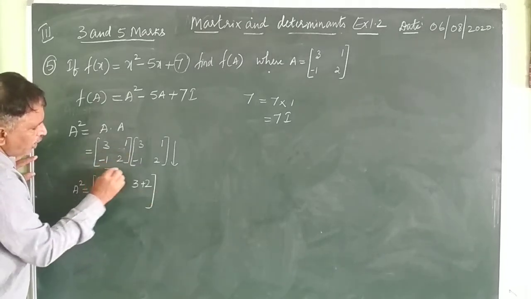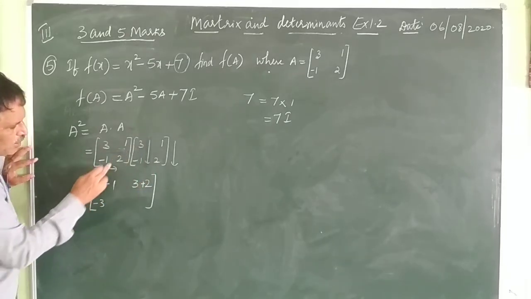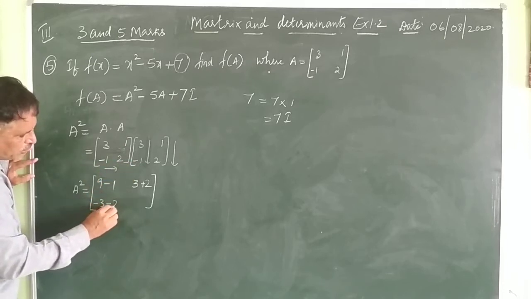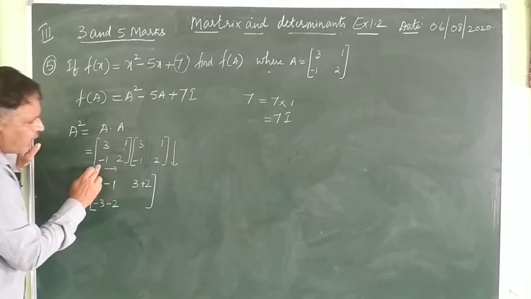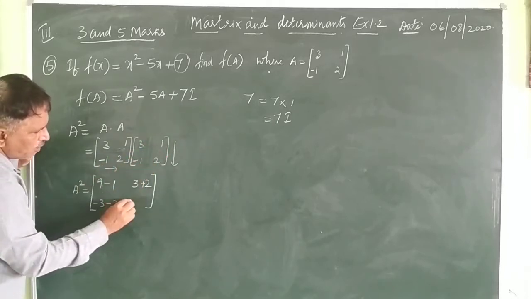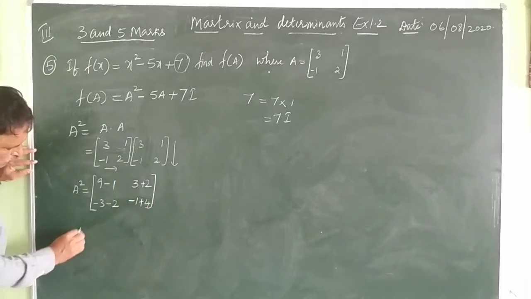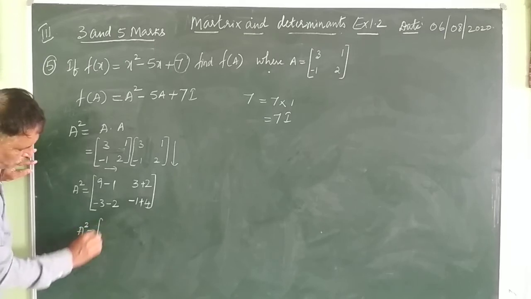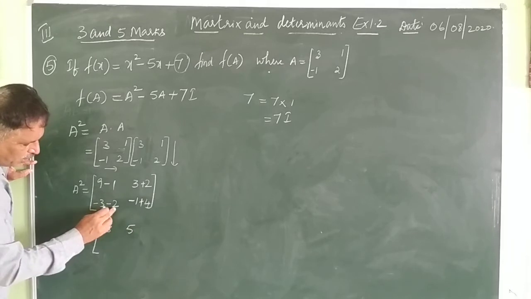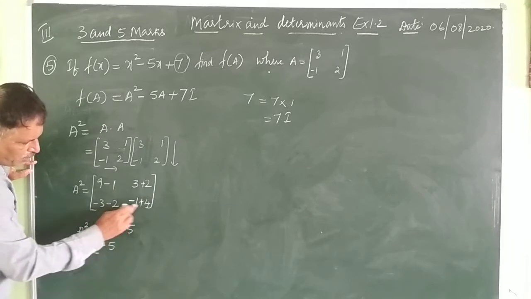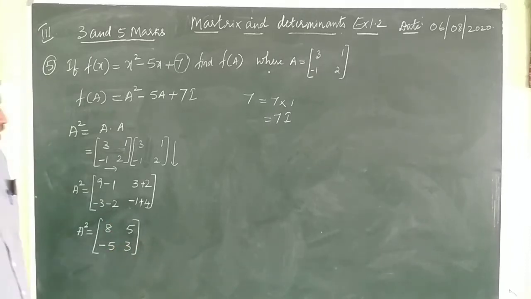Second row, first column: minus 1 into 3, minus 3, plus 2 into minus 1, minus 2. Second row, second column: minus 1 into 1, minus 1, 2 twos are 4 with plus sign. So A squared is equal to 9 minus 1, 8; 3 plus 2, 5; minus 3 minus 2, minus 5; minus 1 plus 4 is 3. So this is the value of A squared.